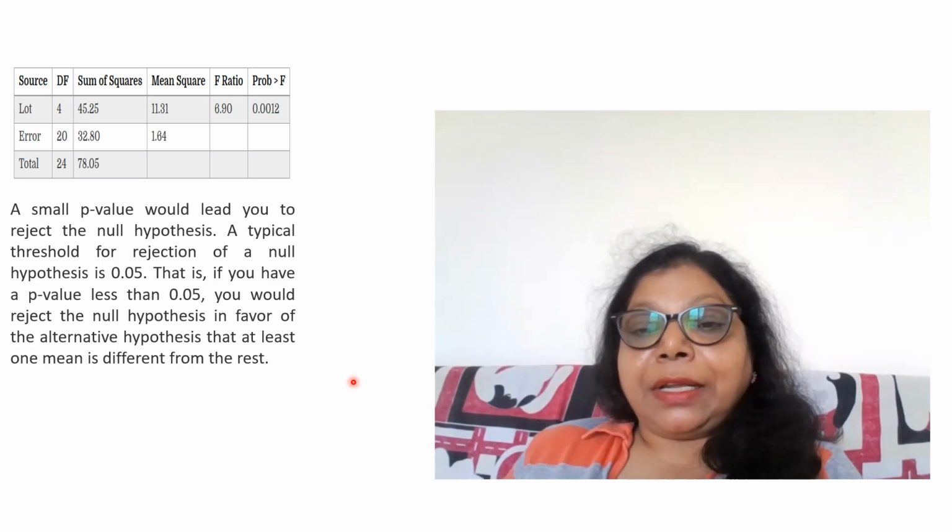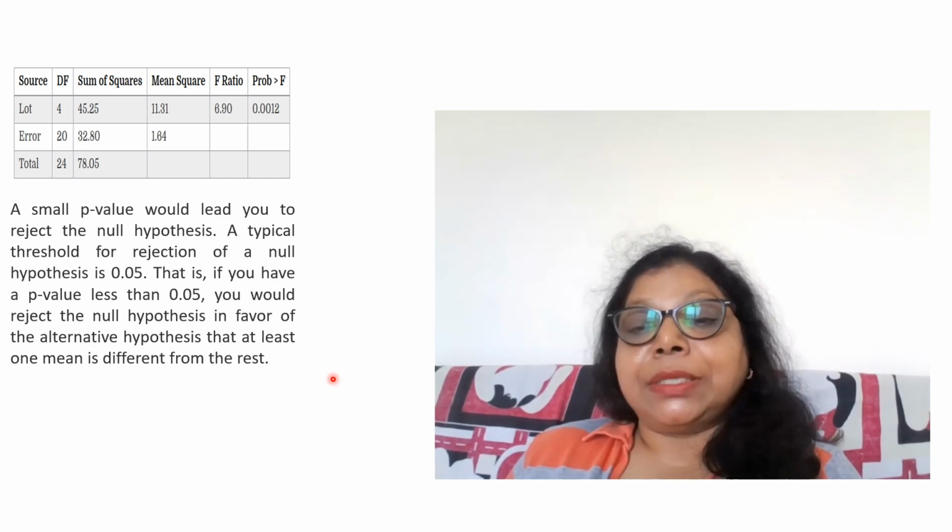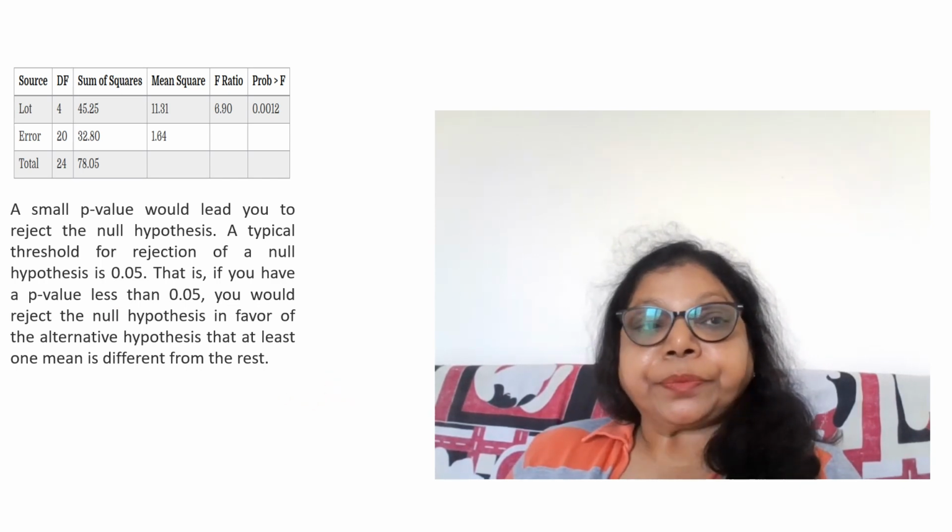More specifically, it's the probability of observing variances in the sample means at least as large as what we have measured when in fact the null hypothesis is true. That means the full population means are in fact equal.